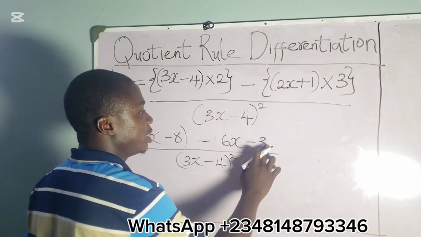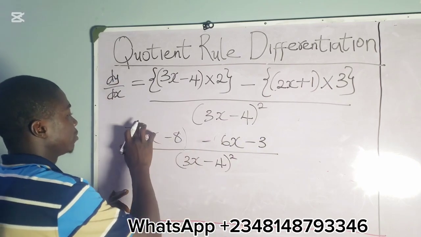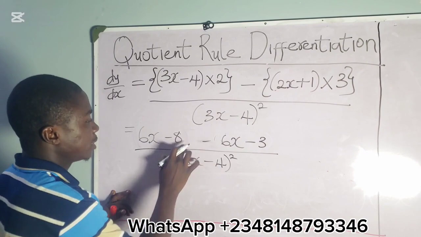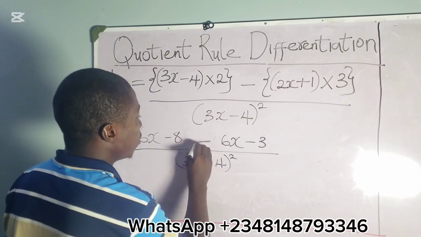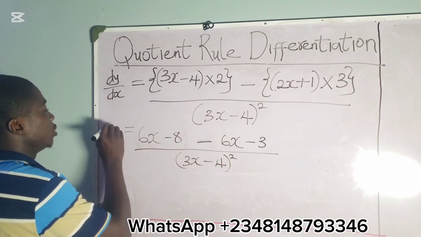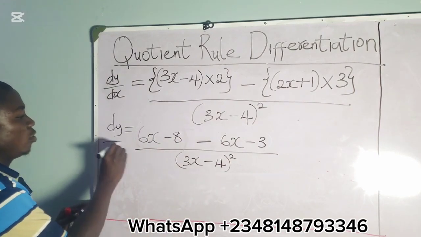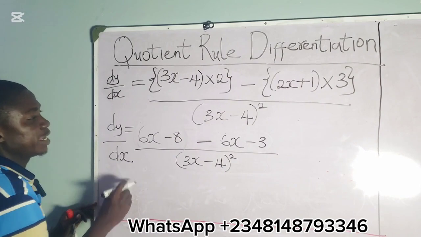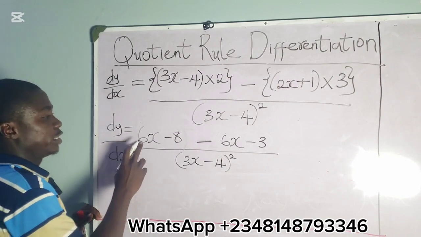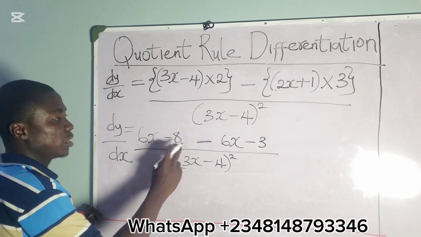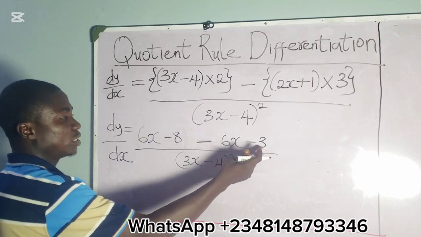So we can now clean up the bracket. So therefore, dy over dx is equal to 6x - 8 - 6x - 3.